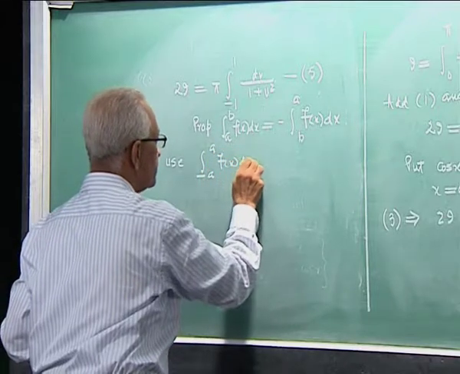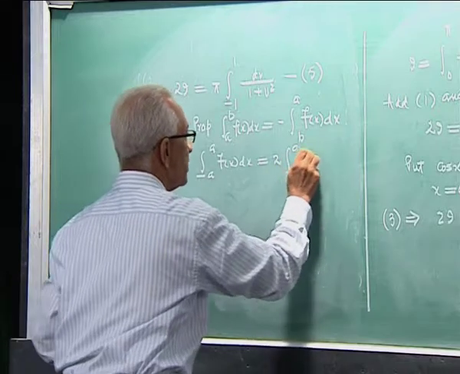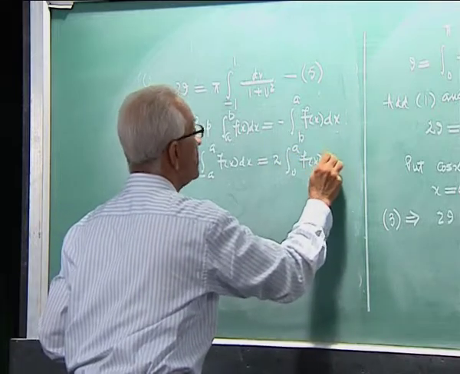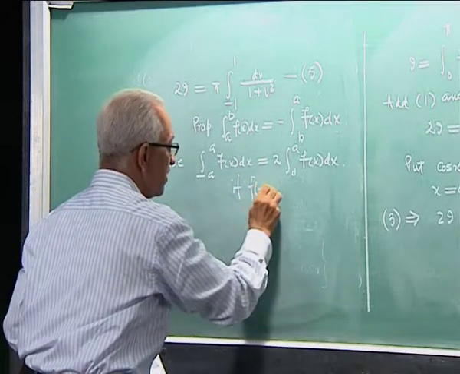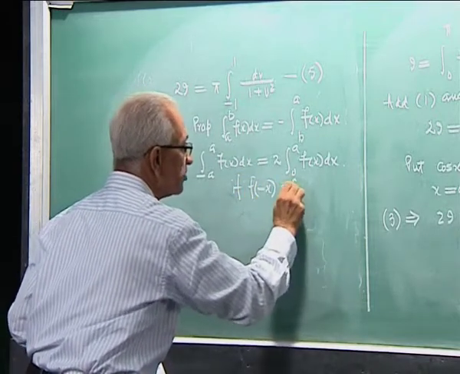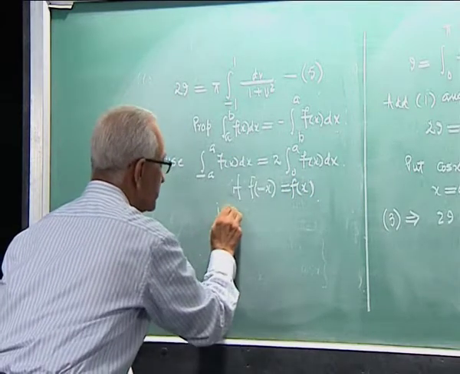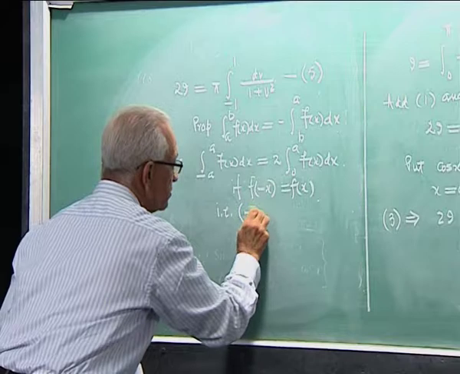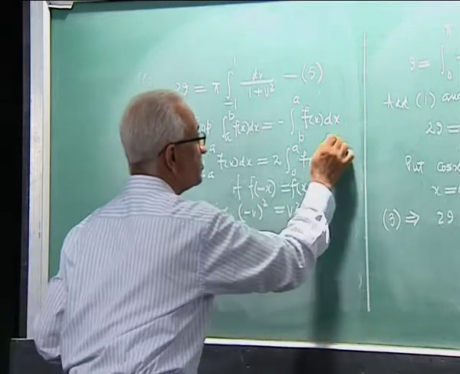The integral of f(x) dx from minus a to a is equal to 2 times the integral from 0 to a of f(x) dx, provided f(x) is an even function. But here you can see that minus v whole square remains v square, which is an important property.